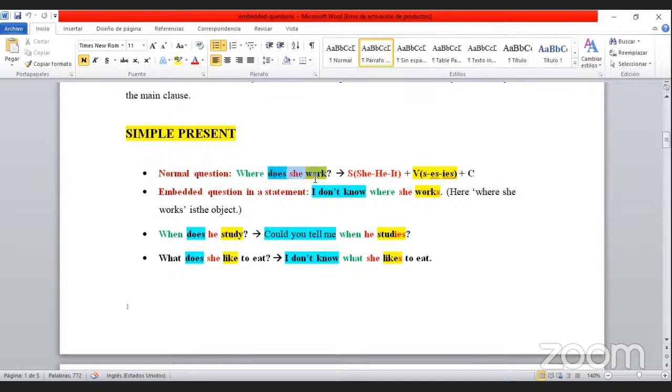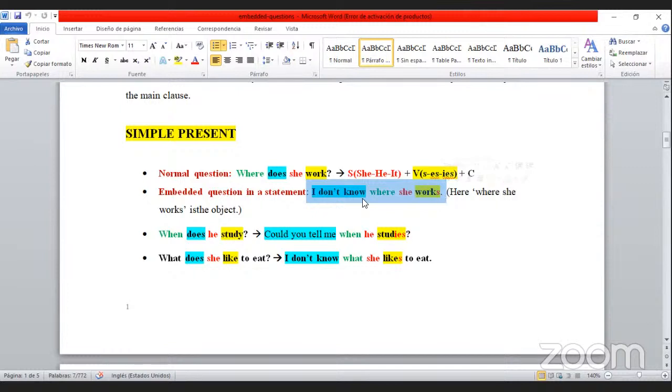So after the WH, I have to convert this into affirmative. First, my subject. In this case, it is she. After, my verb, work. In this case, as I am using the third person, I will add the s. Works, okay? And I don't have a complement. So the auxiliary, I don't have to use here in affirmative. My embedded question is going to be, I don't know where she works. Okay?